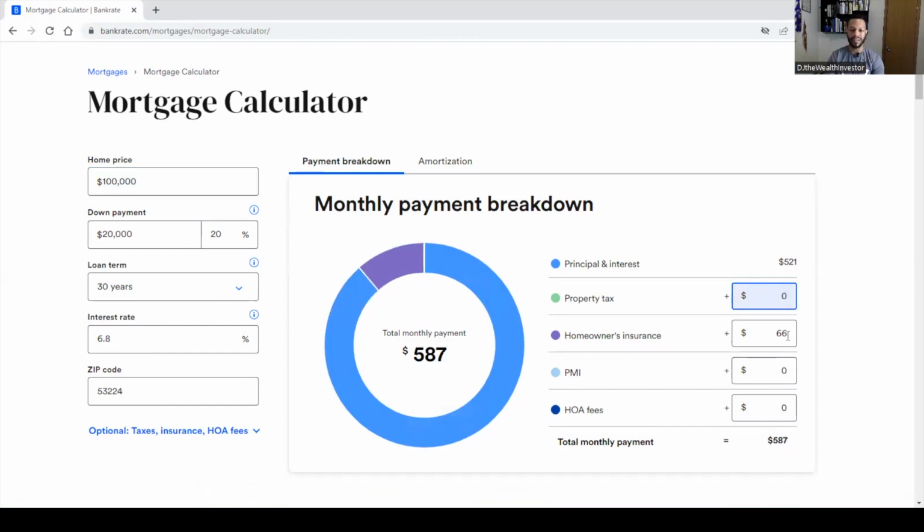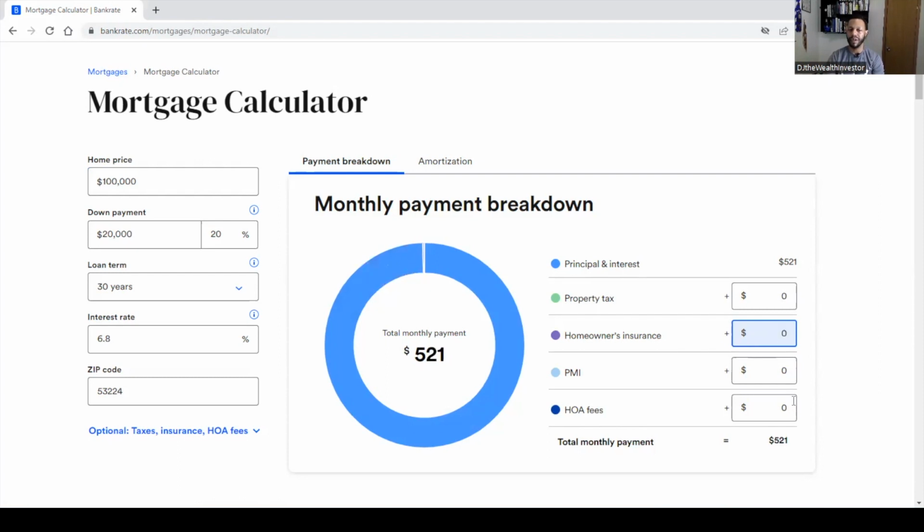Homeowners insurance is something you will get a quote for from someone like State Farm or Farmers Insurance or whoever your local insurance company is. You can even call whoever does your auto insurance and see if they offer insurance policies for houses, and just give them the property address and they should be able to give you a quote pretty quick and free.